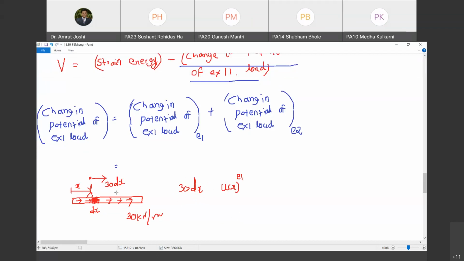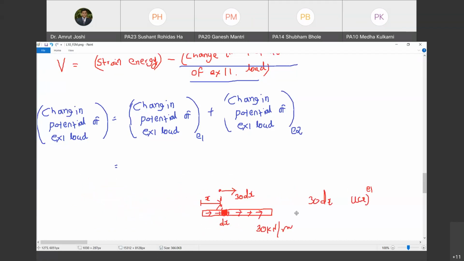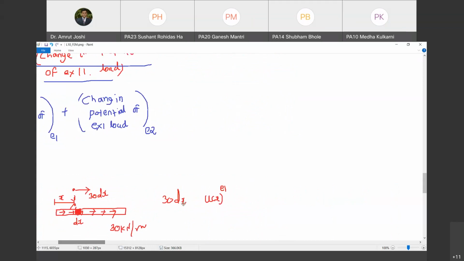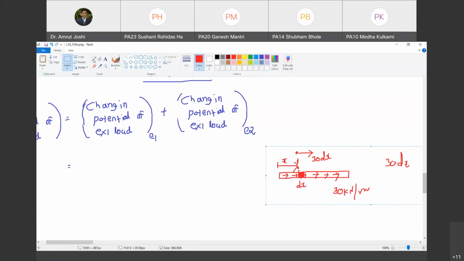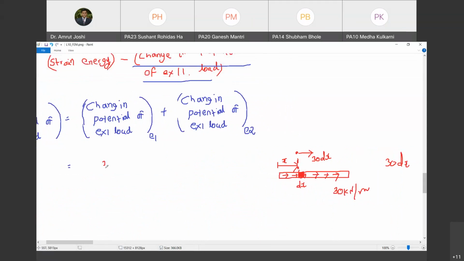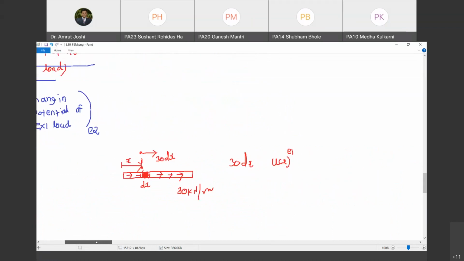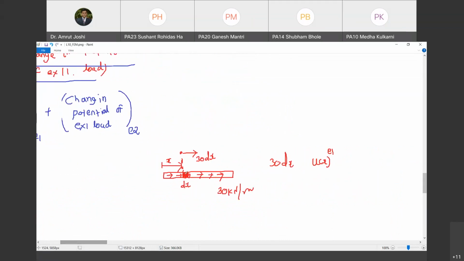As we are assuming u of x towards right, it is in the direction of 30 dx, so we assign a positive sign. So I get 30 dx into u of x within element number 1, which is the loss of potential of a load acting on dx.